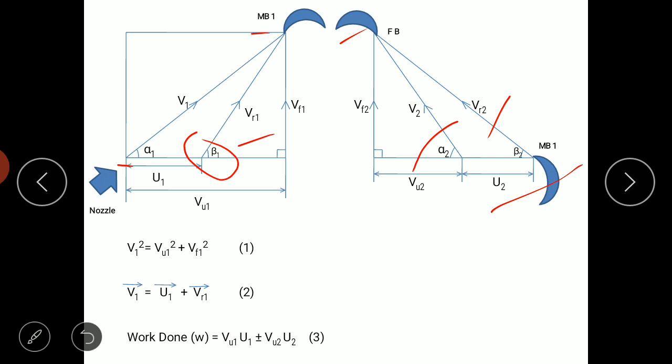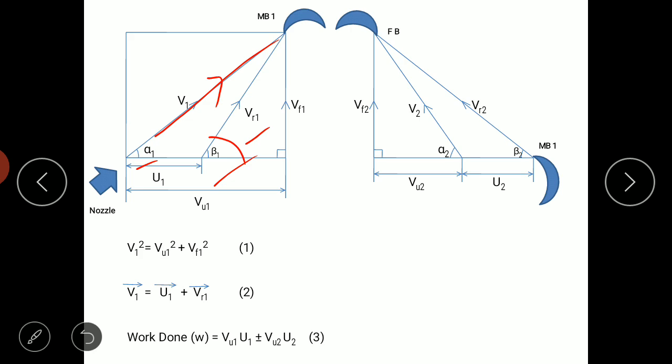Initially it starts with the nozzle, it comes out of the nozzle with an angle alpha 1, then it strikes the rotor blade with a velocity vr1 and angle beta 1. Because from here to here there will be v1, and if the wheel is rotating, we will see that it is not striking the wheel with an angle alpha 1, but with an angle beta 1 and relative velocity vr1.